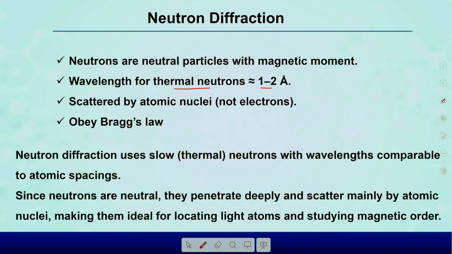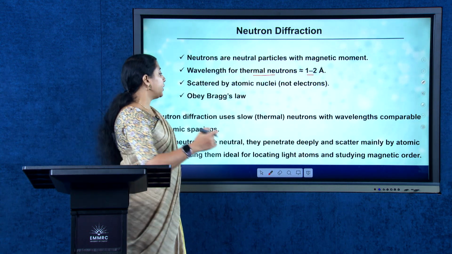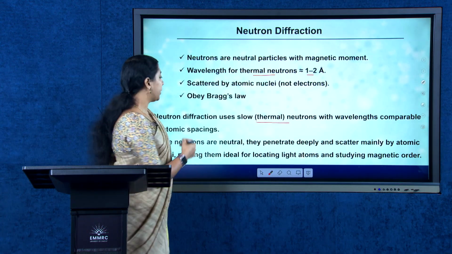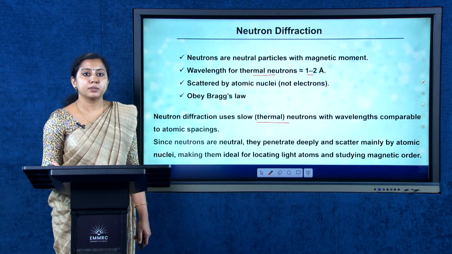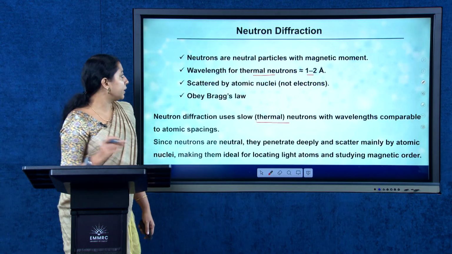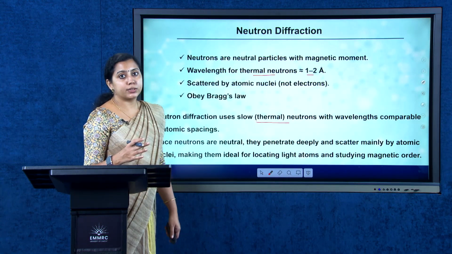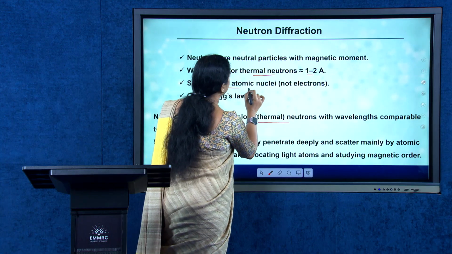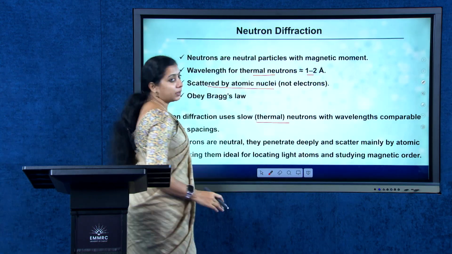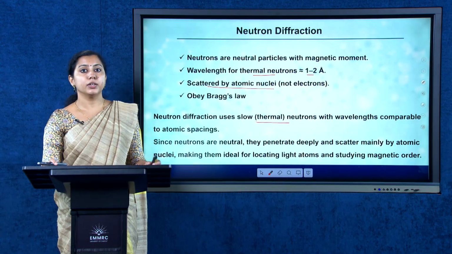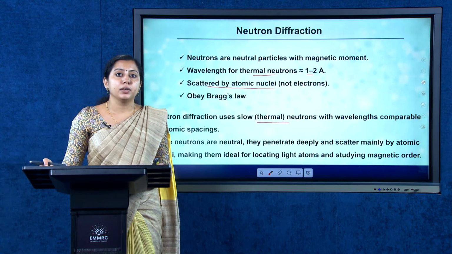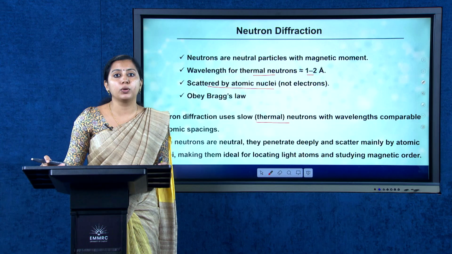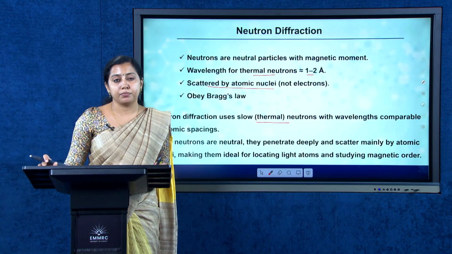So, in neutron diffraction, slow thermal neutrons with wavelengths comparable to the atomic spacings are used. When neutrons fall on the crystal planes, they are scattered by the atomic nuclei and not electrons.